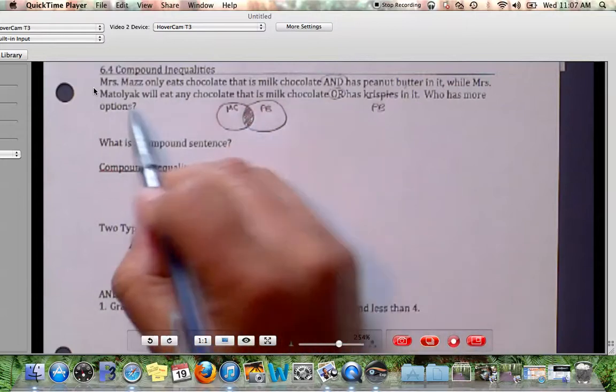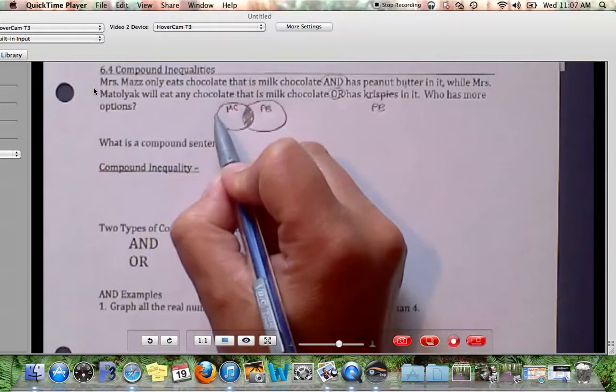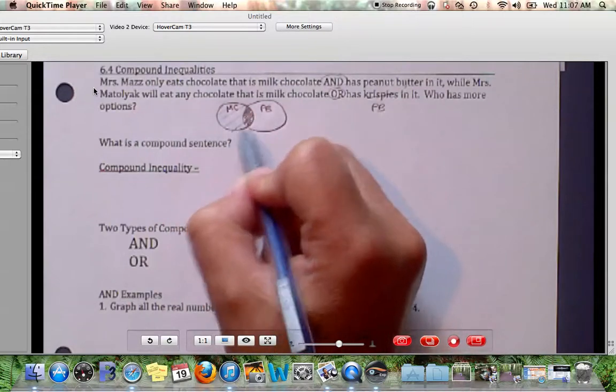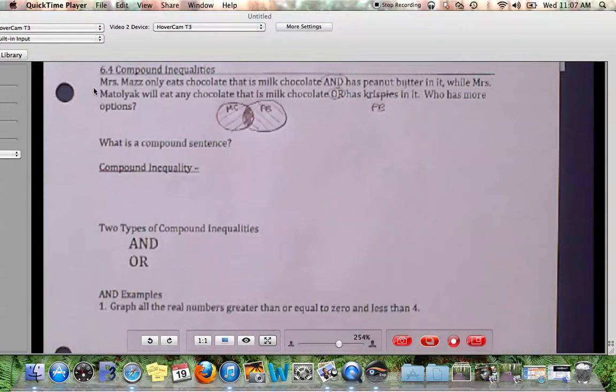Now, Mrs. Matoliak, she's less picky. She will eat anything in the milk chocolate zone and anything in the peanut butter zone. So, Mrs. Matoliak will actually have more options because she is not as picky as Mrs. Maz is. We will get back to the idea of an "and."